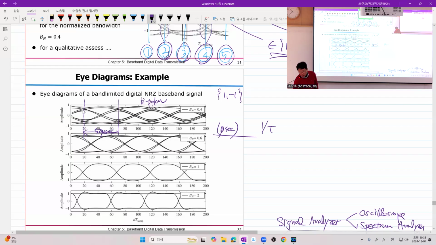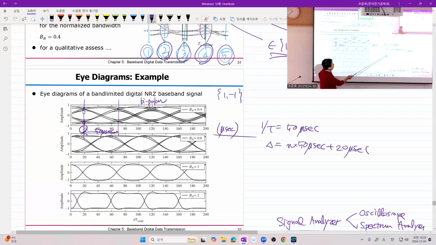So your symbol period is 50 microsecond, and your offset may be some integer multiple of 50 microsecond plus 20 microsecond, because this appears at 20. Got it? And how can we resolve this n? That is the topic of the next section, which is synchronization. Okay, but I'm not talking about that right now.